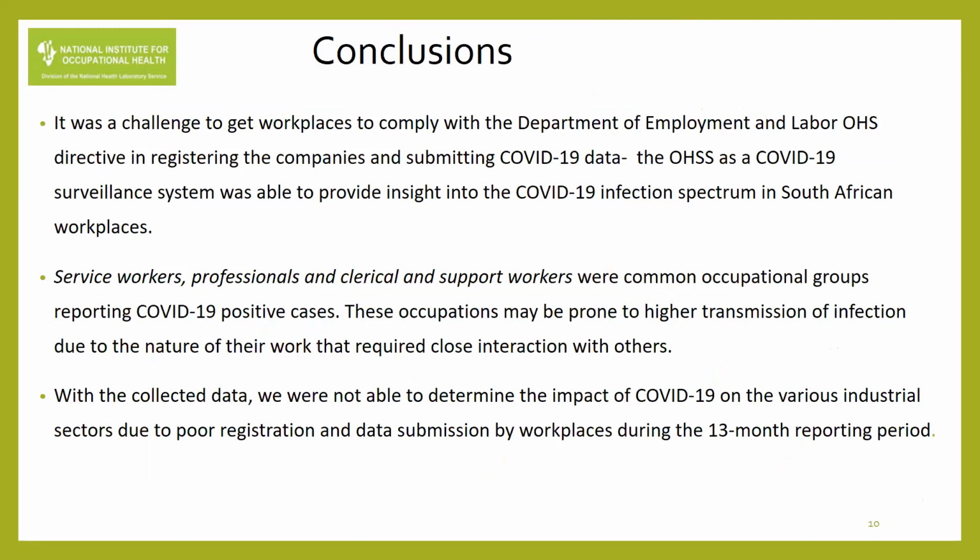But we were able to report that we have an insight into what's happening with COVID-19 infection in South African workplaces. We were able to see that the three occupational groups that I've listed, service workers, professionals, and support workers, had the most reported COVID-19 cases. This is maybe due to the nature of their work, like being in interaction with a lot of customers. That's our hypothesis.